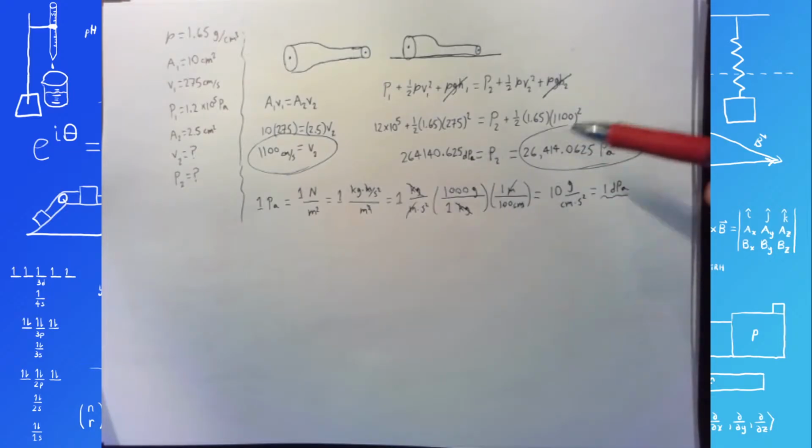Apart from that, it's basically the same as this problem. They don't tell you the density, but you can look that up, and they don't tell you the initial pressure, but you're supposed to recognize that it's just regular atmospheric pressure. Okay, we can skip that one.